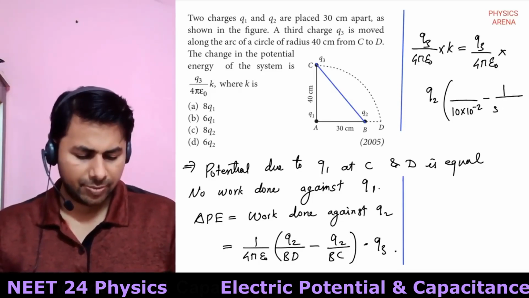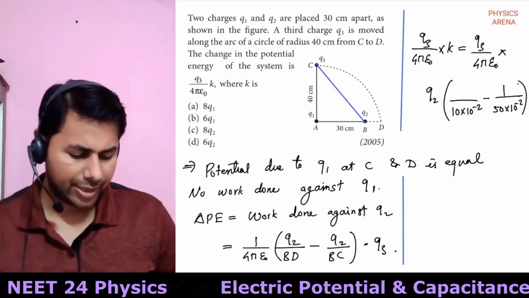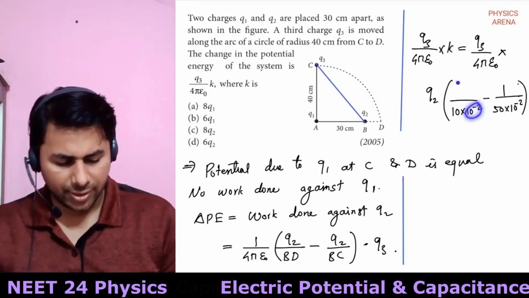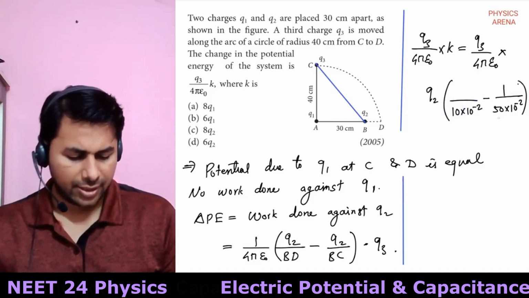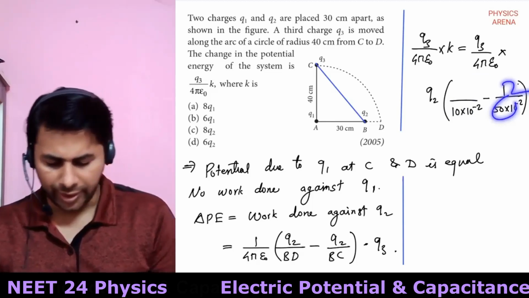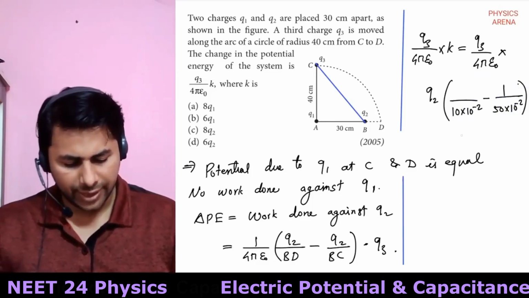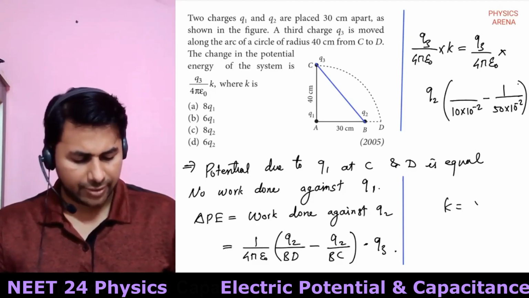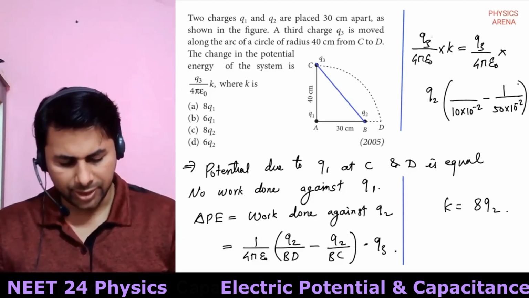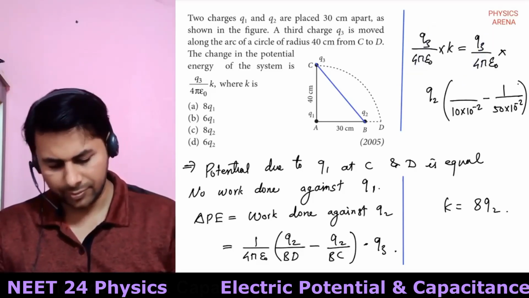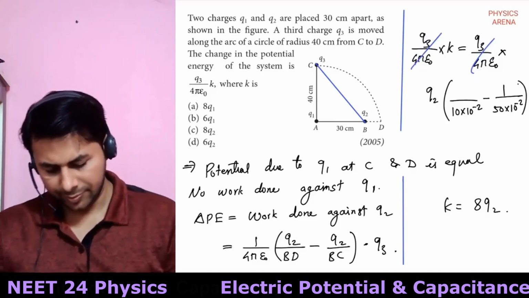Minus, this is 50 into 10 raised to minus 2. We can move that in the numerator. So this is 100, this is 100, 100 by 10 is 10, 100 by 50 is 2. Okay, so 10 minus 2 is 8. So K is equal to what? Therefore you get K equals 8 times Q2. This is the answer, because this thing gets cancelled out. Got it? Yes, no?